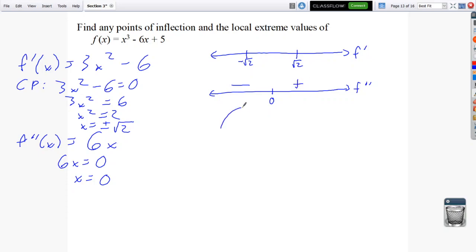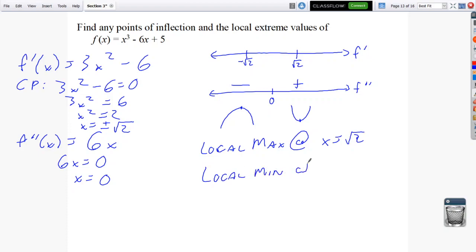I know I've got concave down over here and concave up over here. That means negative root 2 is going to represent a local maximum. Positive root 2 is going to represent a local minimum. So local max at negative root 2, local min at positive root 2.